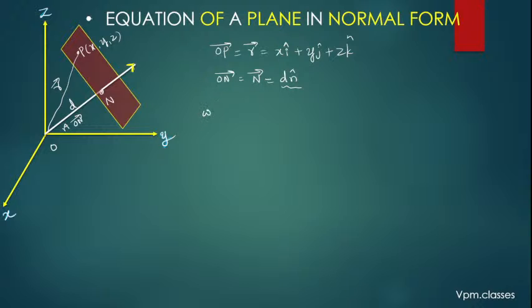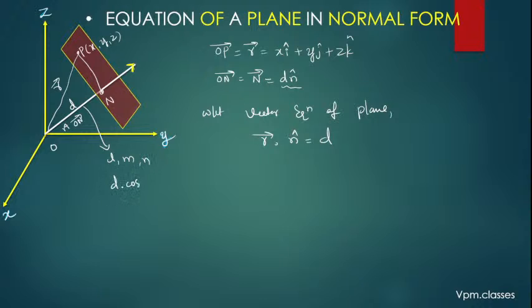So we know the vector equation of a plane as r dot n cap is equal to d. Here n cap is the unit vector in the direction of my normal. Let us consider l, m, n are the direction cosines of my normal, then n cap can be written as l i plus m j plus n k cap.